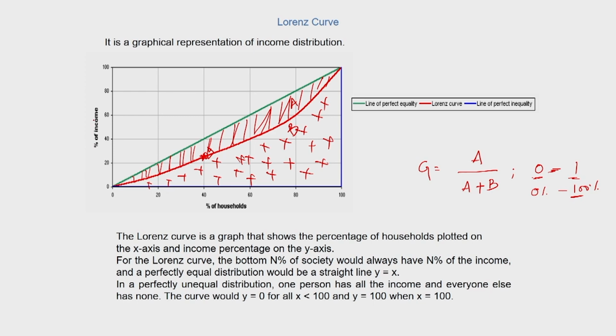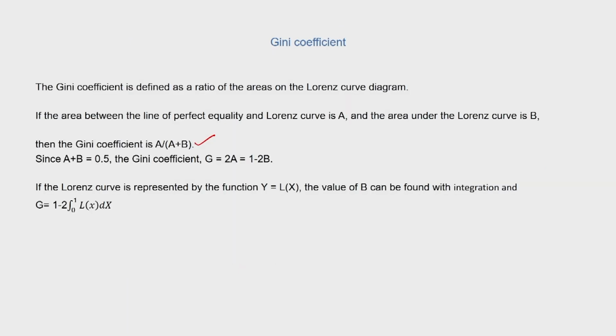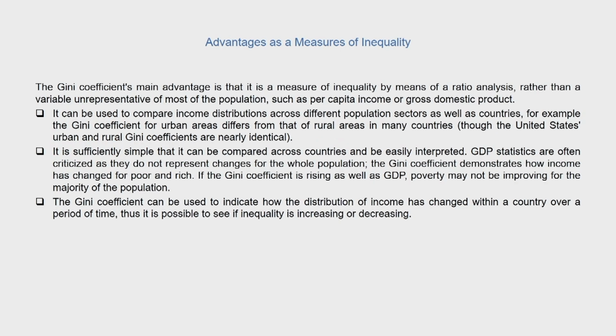So instead of percentage of income, we can also show the percentage of land holdings on the y-axis, which will tell us the correlation between the percentage of households and the percentage of land holdings. So in that sense, this is a very good indicator of the levels of inequality within a country with respect to income, wealth, or any other assets. So the Gini coefficient can be used to indicate how the distribution of income has changed within a country over a period of time.